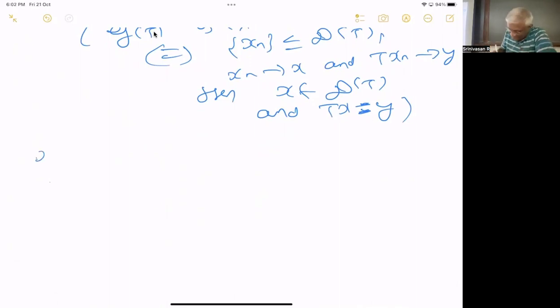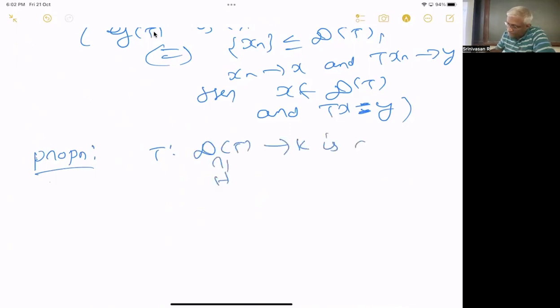Now T from the domain of T is densely defined. Then you have a T star.